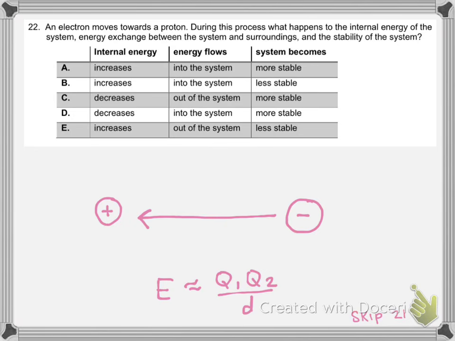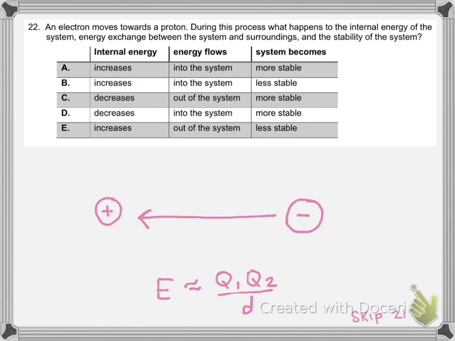In number 22, we're looking at an electron moving toward a proton. We're trying to figure out whether the energy increases or decreases, and how that affects the stability. So we know that a negative charge interacting with a positive charge is going to be favorable.